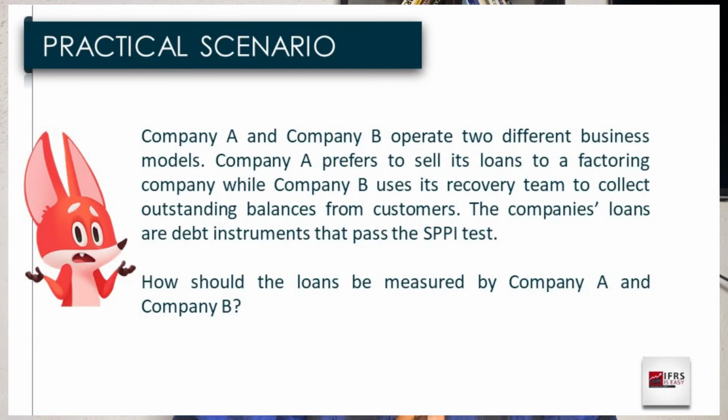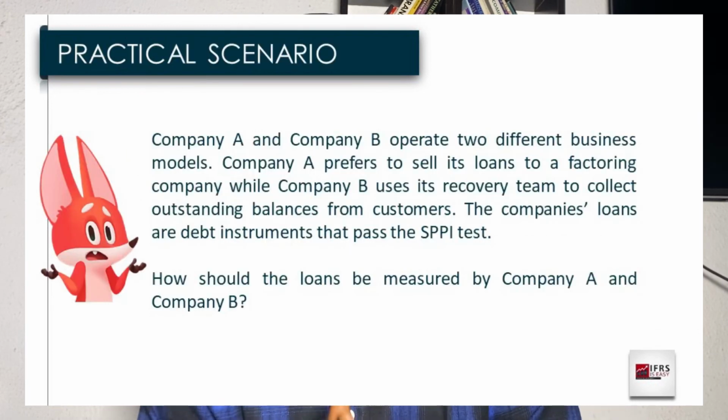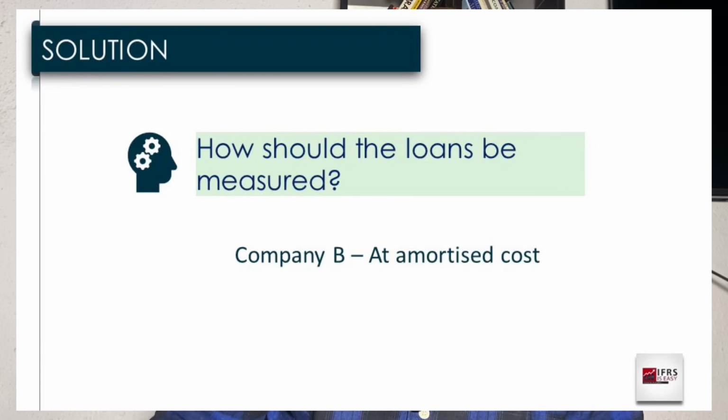Now remember we said that if your plan is to be selling your financial assets, you measure it at fair value through profit or loss. And so what that means is that company A will measure it at fair value through profit or loss. But company B's intention is to use its recovery team to collect outstanding balances from customers, meaning company B is tracking inflows and outflows of cash. As a result of that, company B will be measuring at amortized cost.